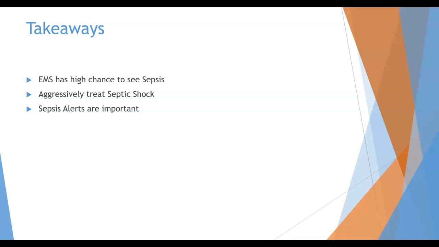Be aggressive when you treat septic shock. And honestly, really, I should have put aggressively treat sepsis alert patients is probably what I should have put here. Because when we reach our sepsis alert criteria, those patients, as you can see, their vital signs are right on that cusp of not being normal. And as we all know, no one's ever 120/80, right?